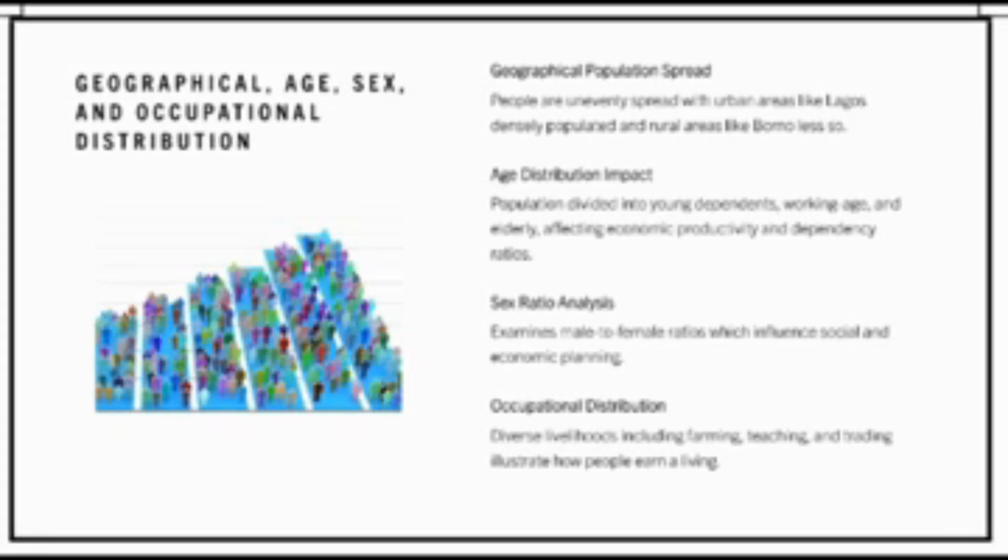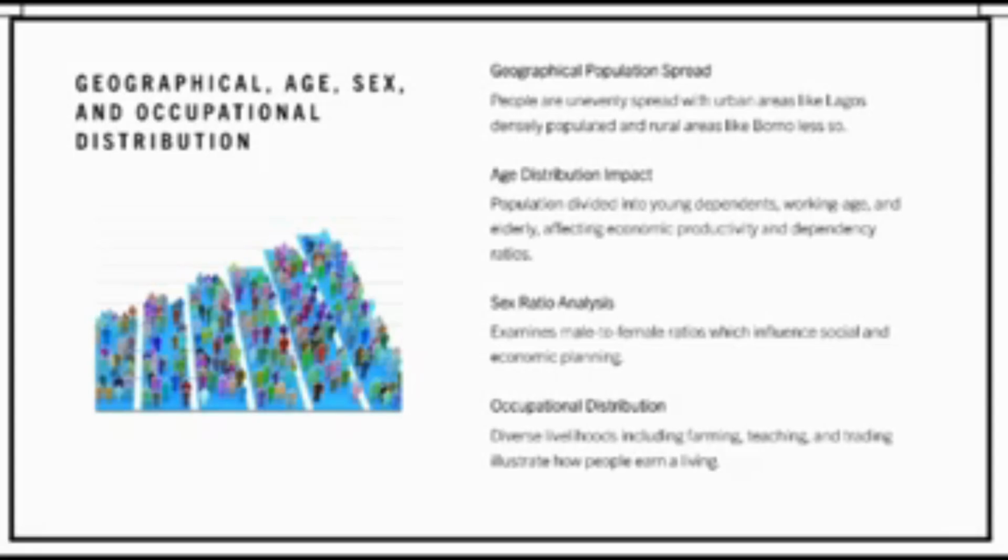So the second way of distributing population is by age, which we call age distribution. In age distribution we have the young population that is categorized as 0 to 14 years of age, which are largely dependent population.